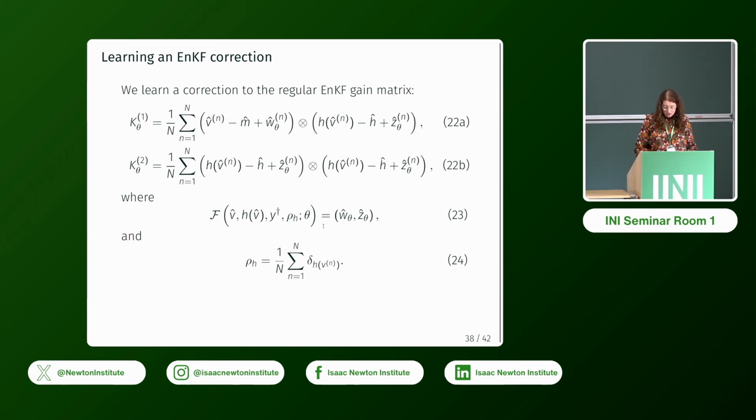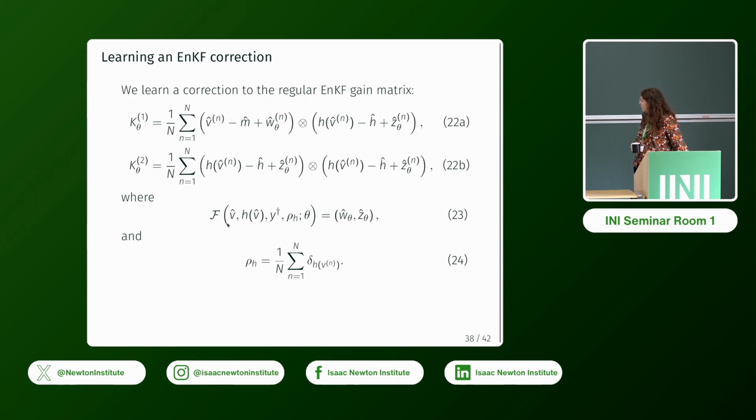And what we learn is a correction to the ensemble Kalman filter gain matrix. If we didn't have these terms that involve theta here, then we would have the regular ensemble Kalman filter, but we add in these correction terms within the covariance matrices, and we predict them as a function of each ensemble member.